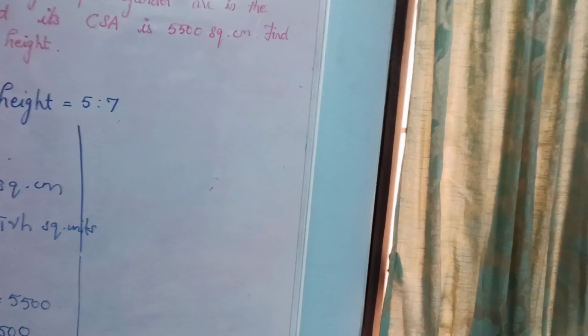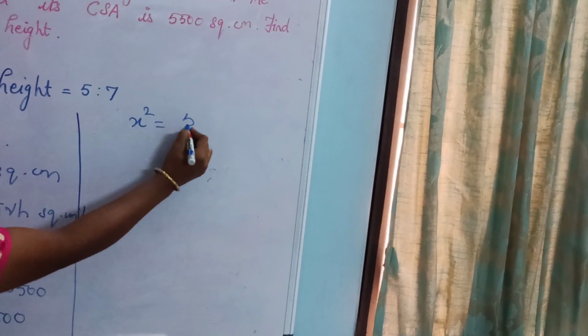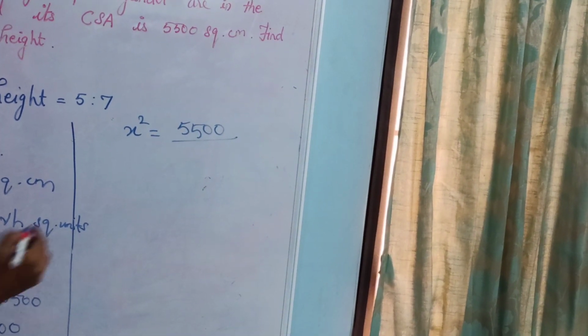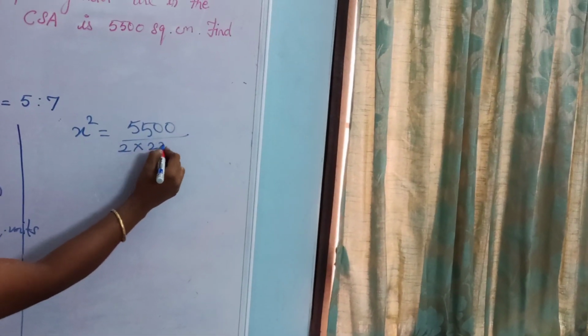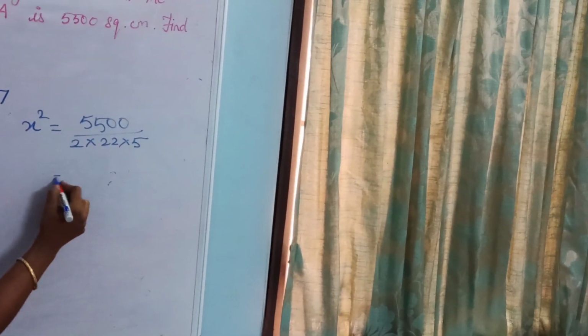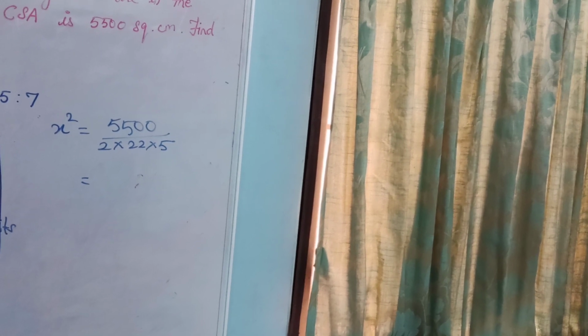So now we have to find the value of x squared. Therefore x squared equal to 5500 divided by 2 into 22 into 5. So now we have to cancel these values. So on cancelling we have, so we can easily cancel by 11.